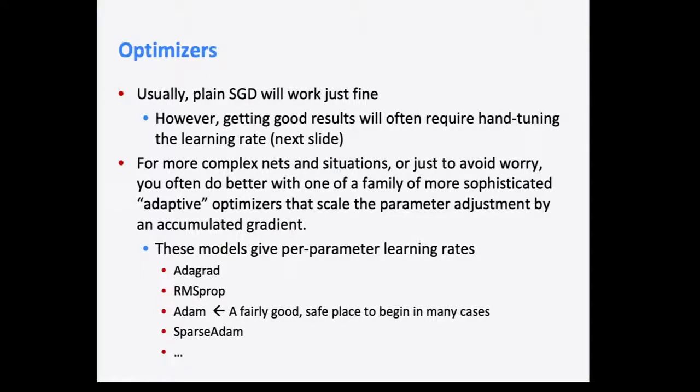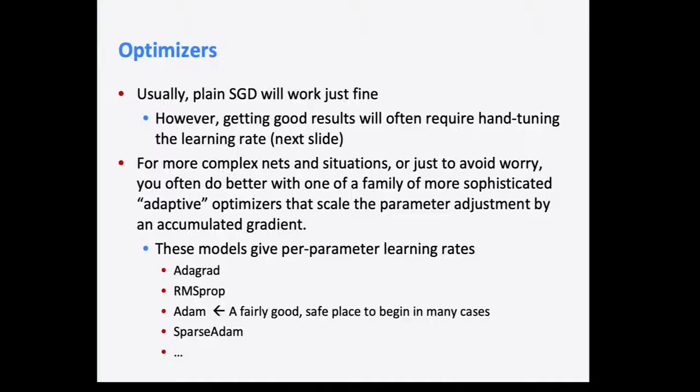Optimizers. Up till now, we sort of just talked about plain SGD. Normally, plain SGD actually works just fine, but often if you want to use just plain SGD, you have to spend time tuning the learning rate, that alpha that we multiplied the gradient by.